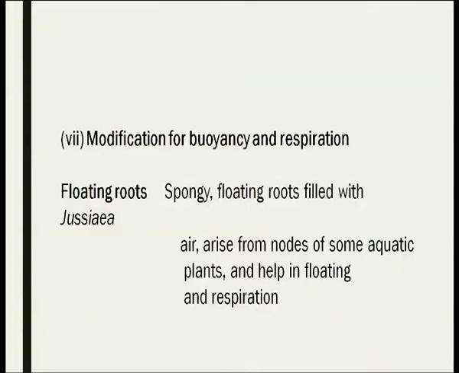We have already talked about floating roots of Jussiaea, and also there is one very common plant, Eichhornia, which has very beautiful flowers of purple color, light pink color. They come on the shining leaves, and the bulbs which get filled up with air actually help the plant to float on the surface of water.